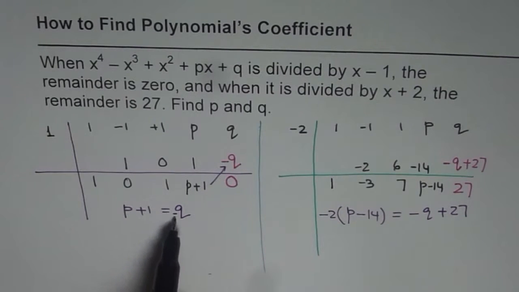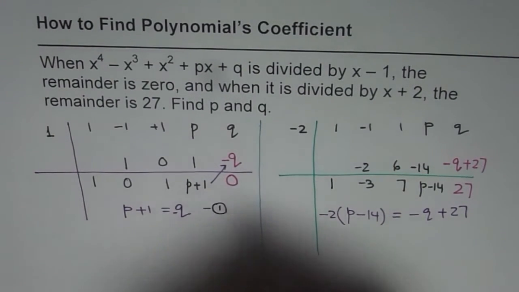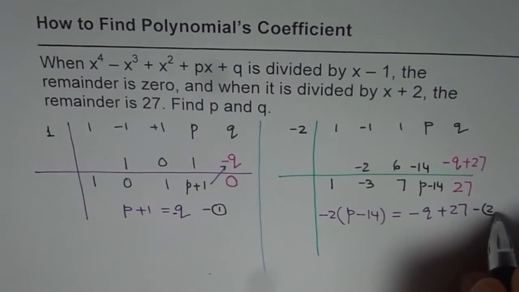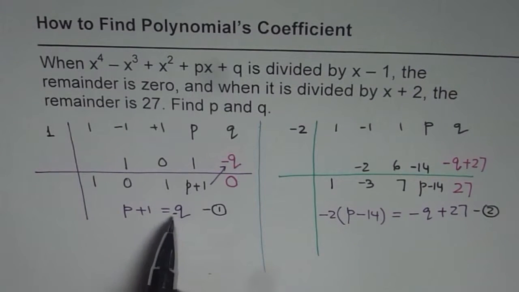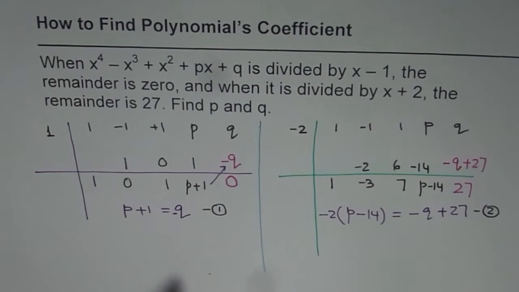So we have minus q equals p plus 1. This is my equation number 1. That is my equation number 2. So we can substitute. Minus q is p plus 1. I forgot to write minus 1 earlier. That was a mistake. Let us correct it. So instead of this minus q, I'll replace it with p plus 1 and then solve.